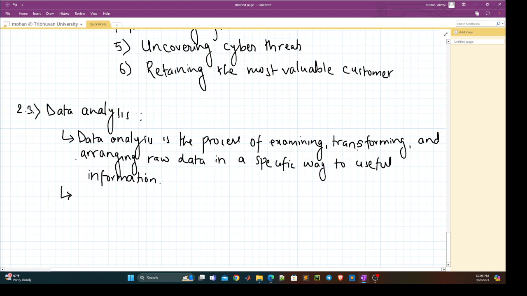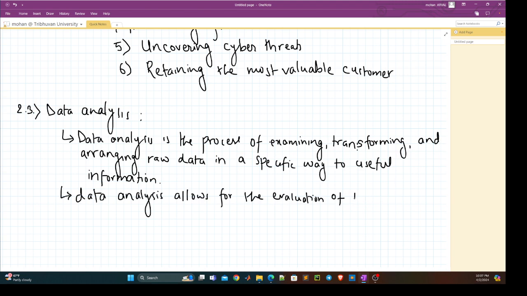Data analysis allows for the evaluation of the data, right?